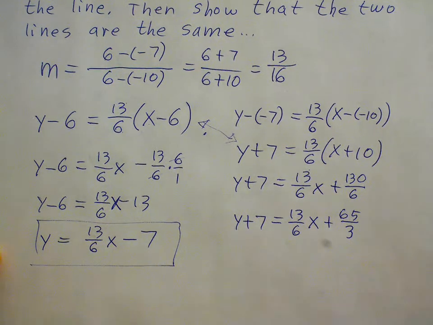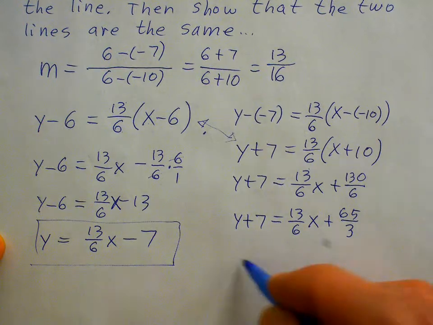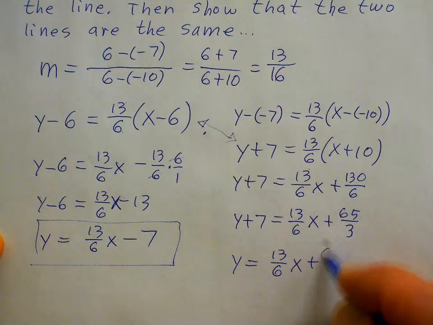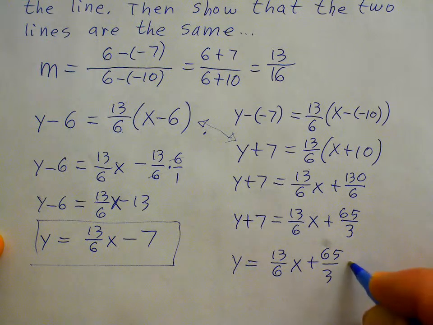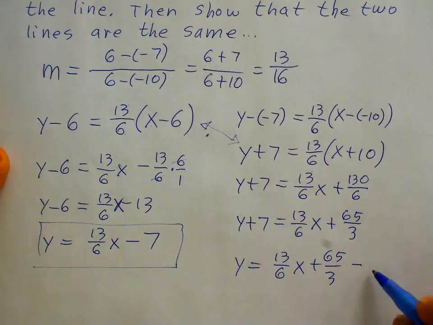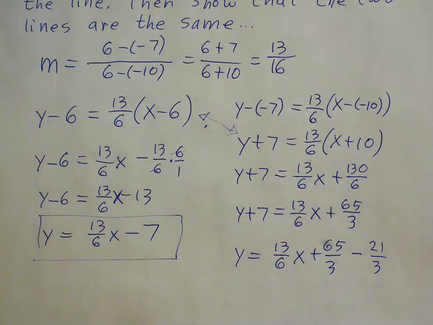And then we're going to subtract 7 from both sides. So we get y equals 13 over 6x plus 65 over 3. We're going to subtract 7, so that means we want to subtract 21 over 3, right? So something went wrong somewhere.